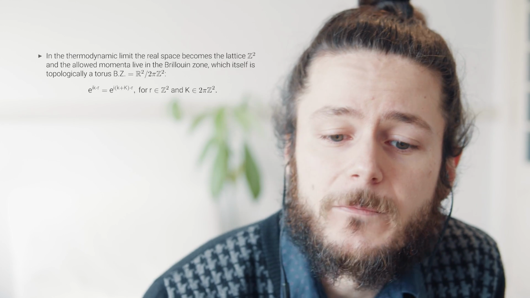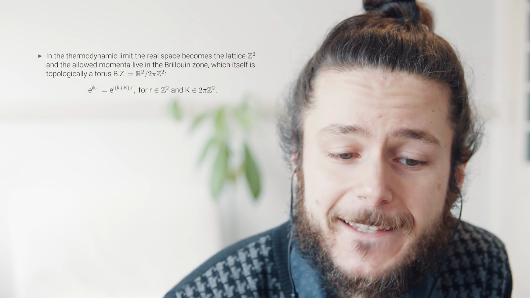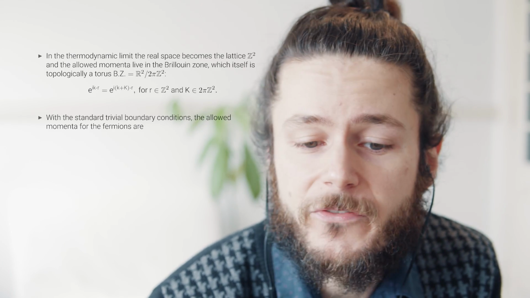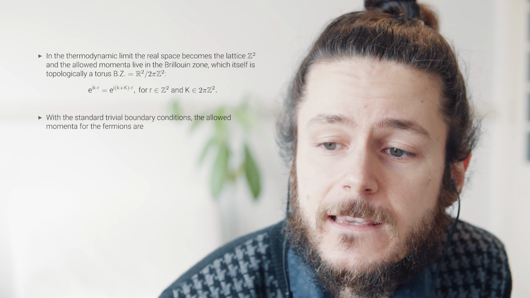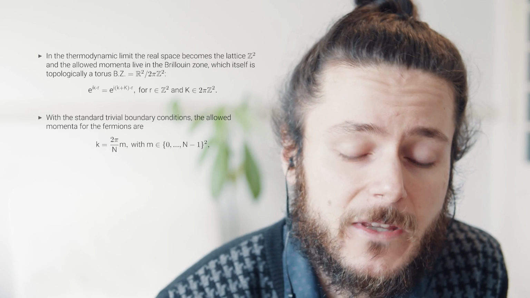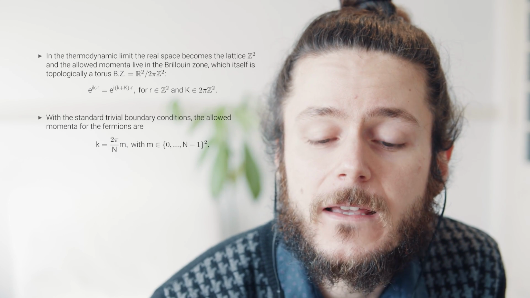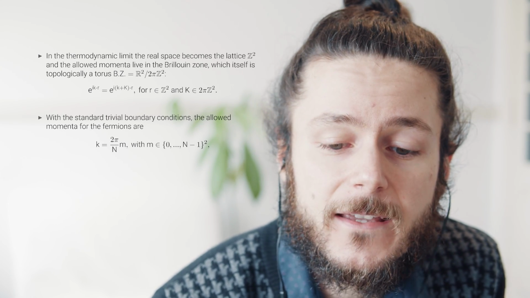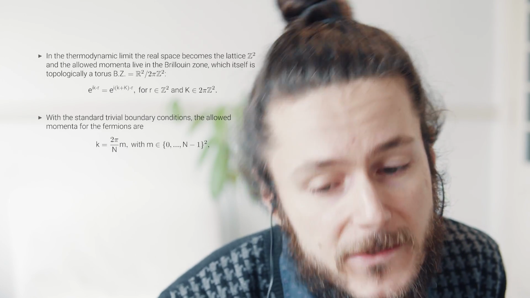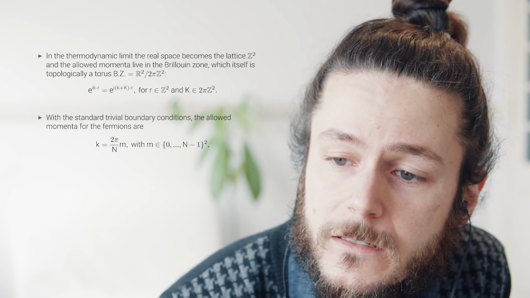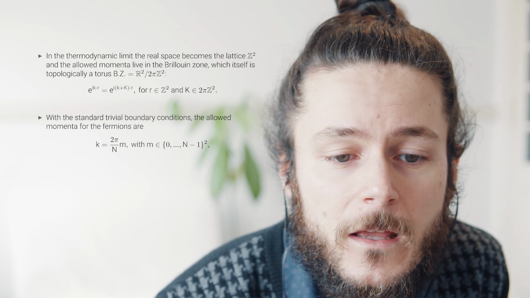With the standard trivial boundary conditions for finite n, the allowed momenta for the fermions are explicitly given as follows. So they are 2 pi divided by n times m, and m is an element of this set here, so it takes values in 0 to n minus 1 Cartesian product with itself.